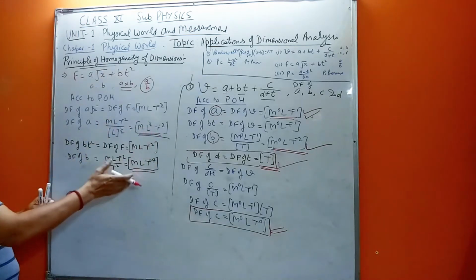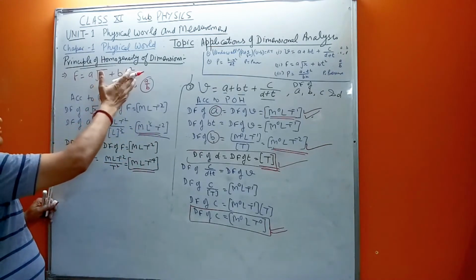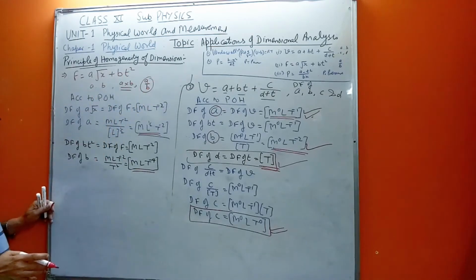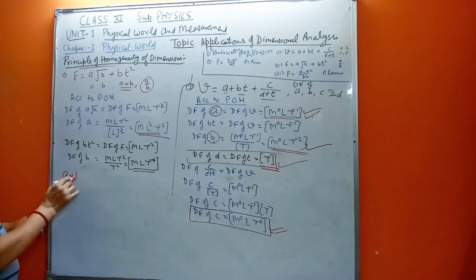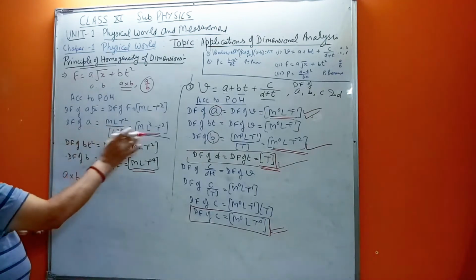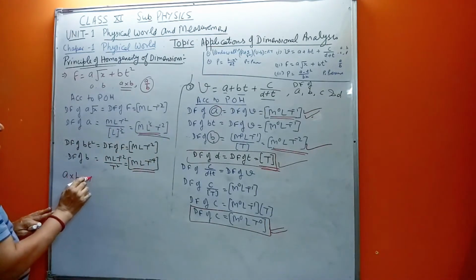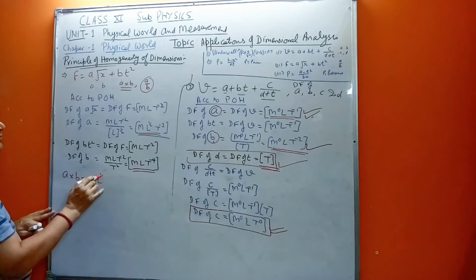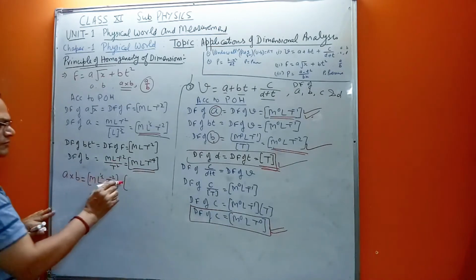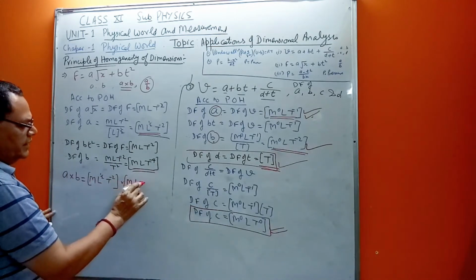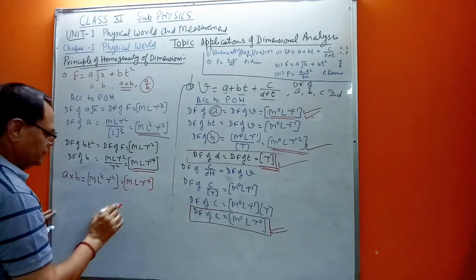So once we know A and B, we can find A into B as well as A upon B. Suppose we have to find A into B. The dimension of A is M L raised to the power half T raised to the power minus 2, into B, that is M L T^-4.